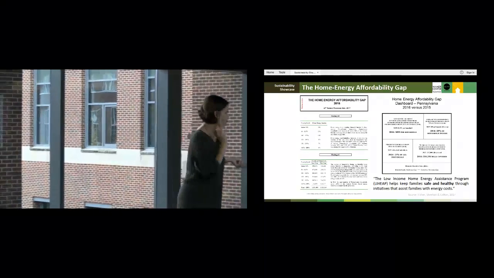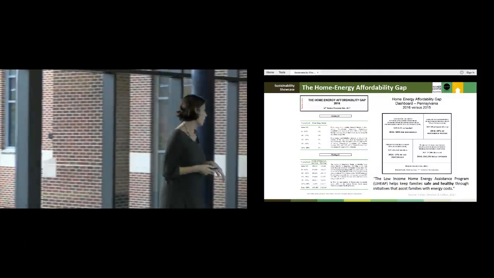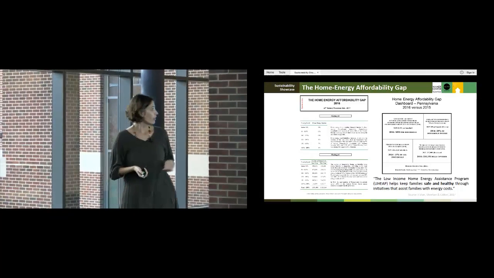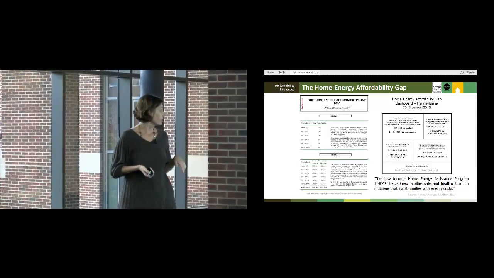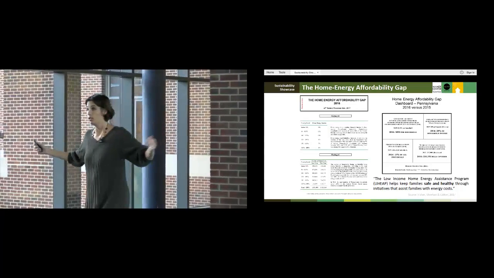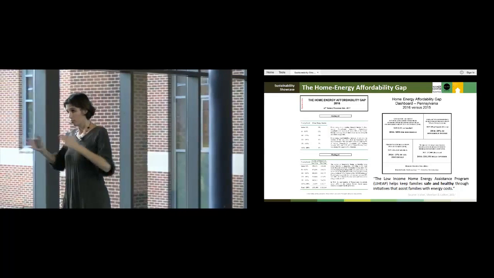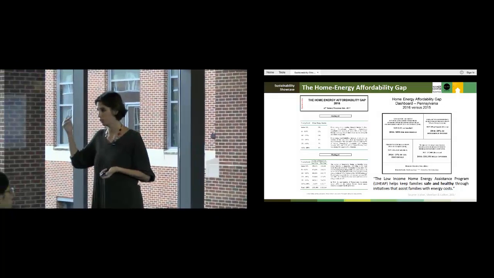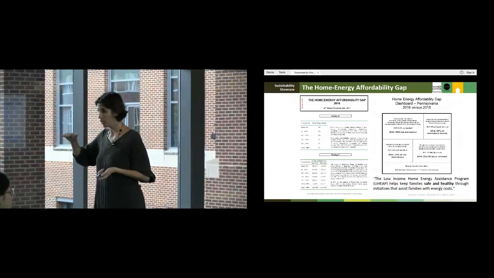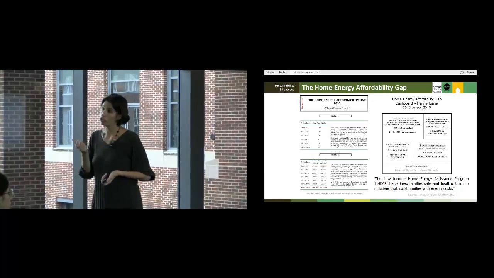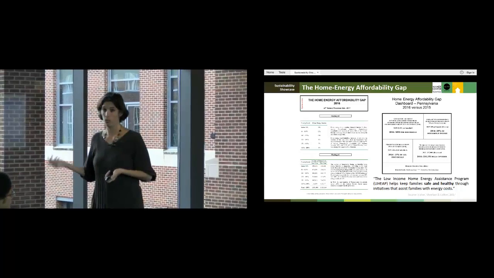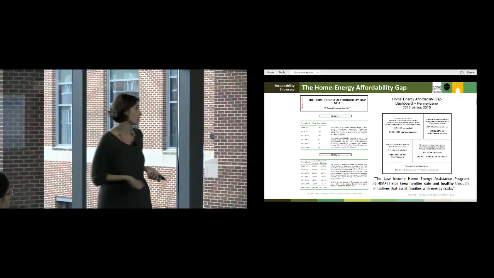So a law firm has been annually looking at something that is called the home energy affordability gap. And what they have determined is that actually a great deal of the population, even people that are at 200% of the median income for the region, are actually paying far more than the amounts that I just dictated for their housing expenses.